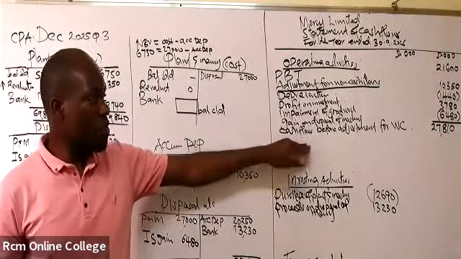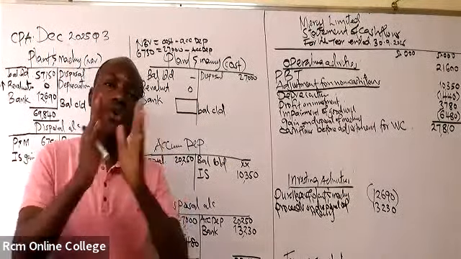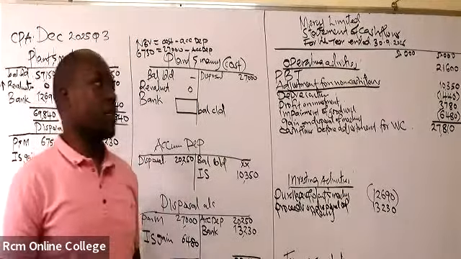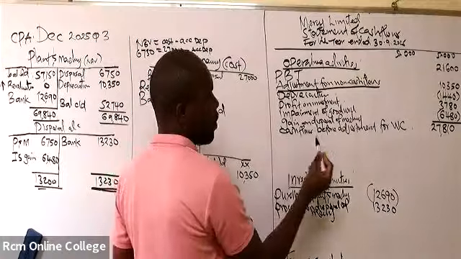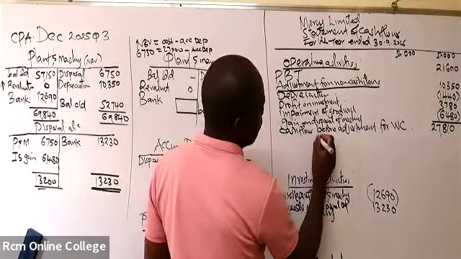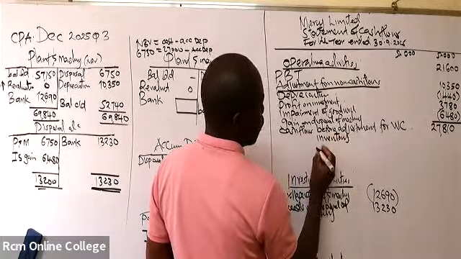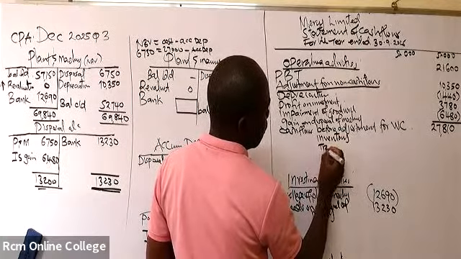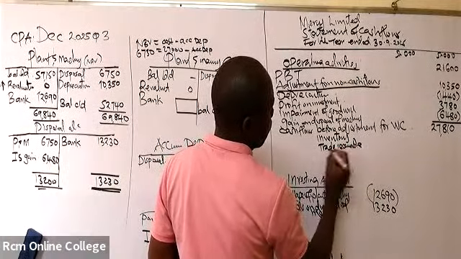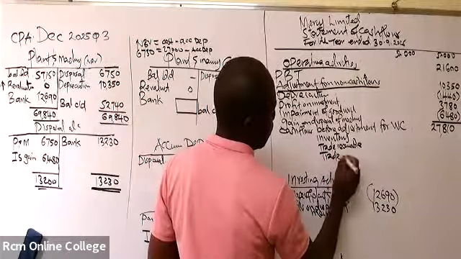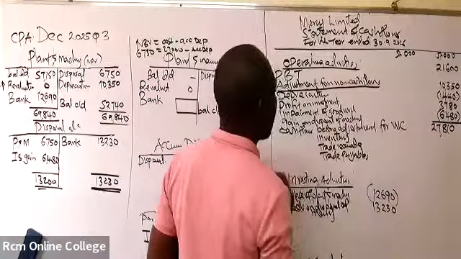So let's now deal with the three major working capital items. It will be either increase or decrease in that particular item. I'll leave space for the increase or decrease, but I'll talk about inventory, trade receivables, then trade payables.